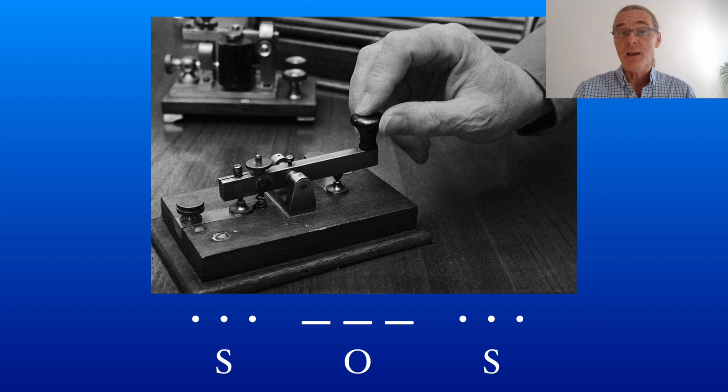It is still used today everywhere in the world. 3 short clicks, called dits, and 3 longer taps, called dahs, and then again 3 short clicks, for dits. Dit, dit, dit. Dah, dah, dah. Dit, dit, dit. That's it. That's the internationally recognized SOS, which is a call for help.